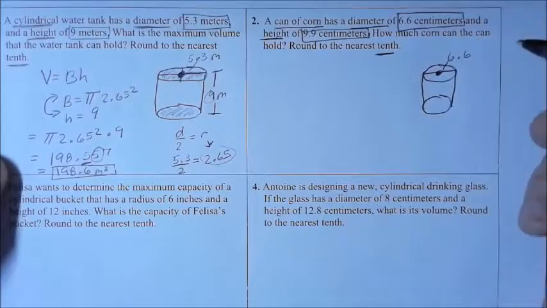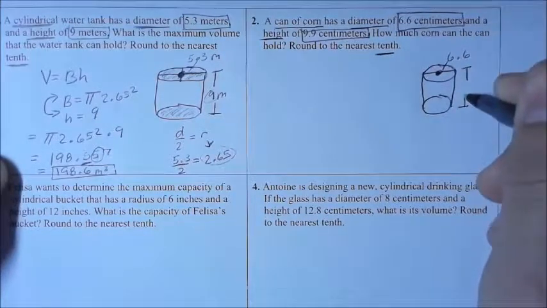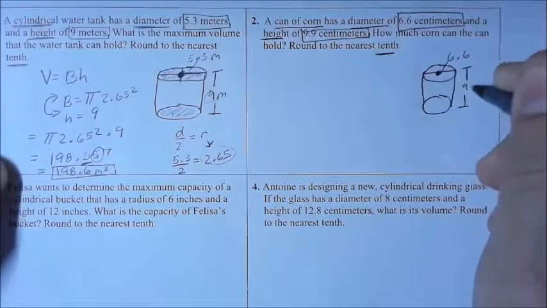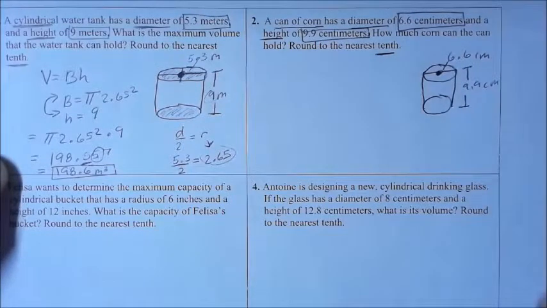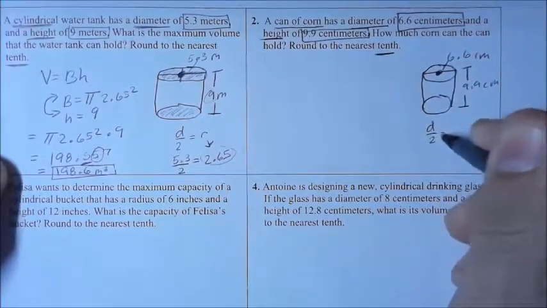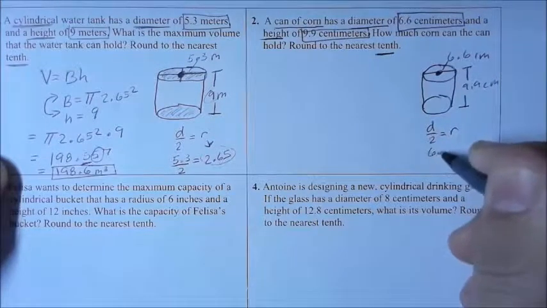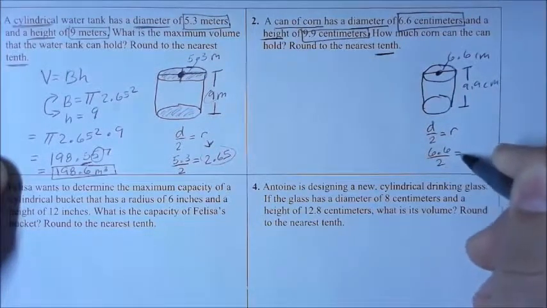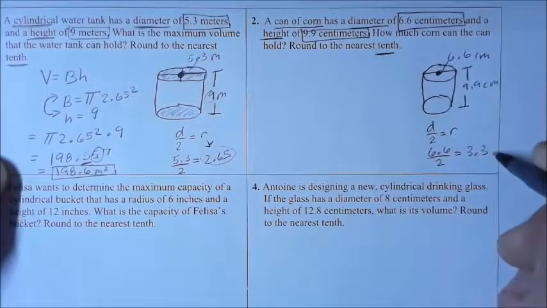And then the height, right, up and down, the height of this thing is 9.9 centimeters. So the first thing we do is get our diameter and divide it by 2 because that gives us R, which is our radius. So the diameter is 6.6 divided by 2. And this one is going to give me 3.3 centimeters.